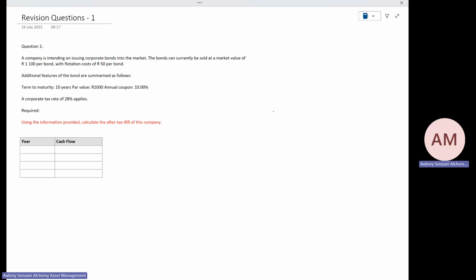And then flotation costs is 50 Rand per bond. Additional features of the bond are summarized as follows. Time to maturity, so this is not irredeemable, you've got 10 years. Par value 1,000. Annual coupon, so it's not semi-annual, it's 10%. And then a corporate tax of 28% applies.